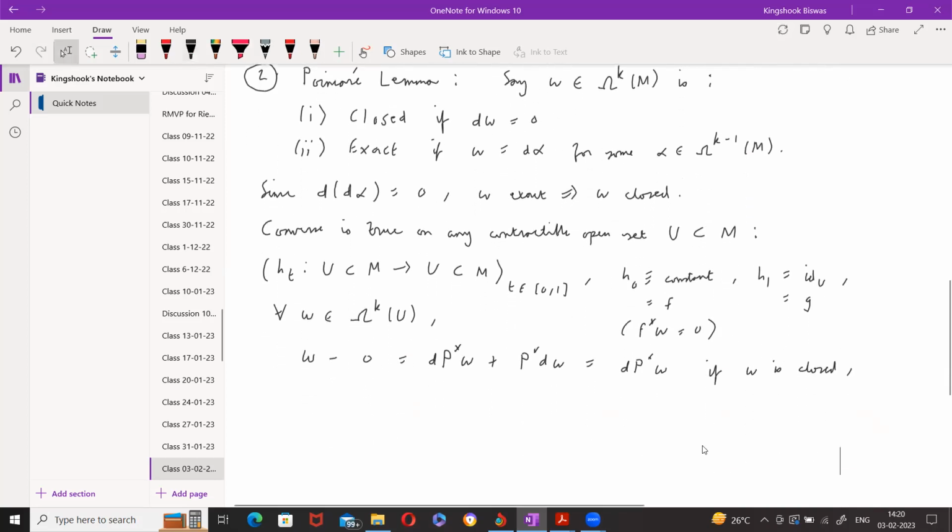So omega becomes equal to d of p star omega. All right. So omega equal to d p star omega is exact on U if it is closed. Okay, so this is the Poincare lemma, that on a contractible open set, any closed form is exact. Okay, is this clear?